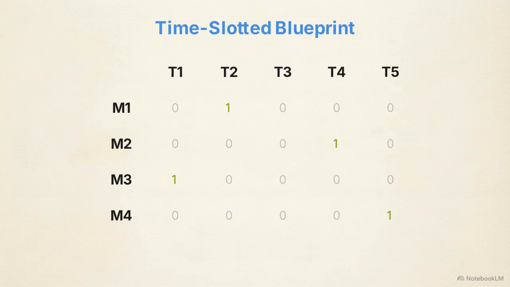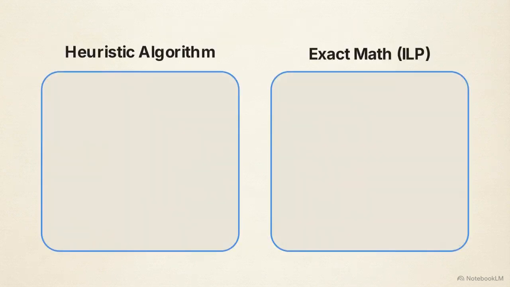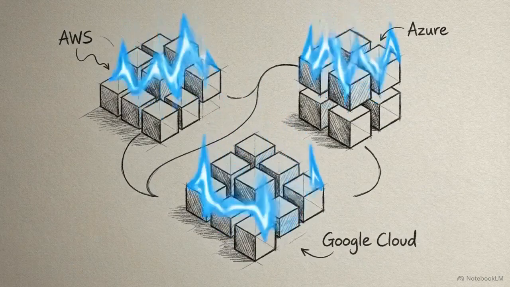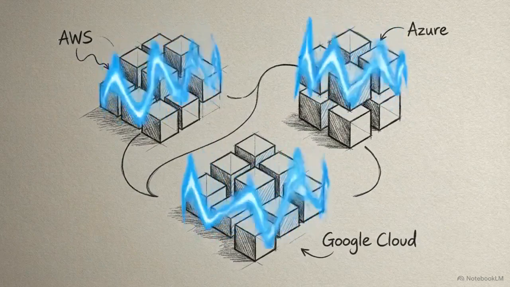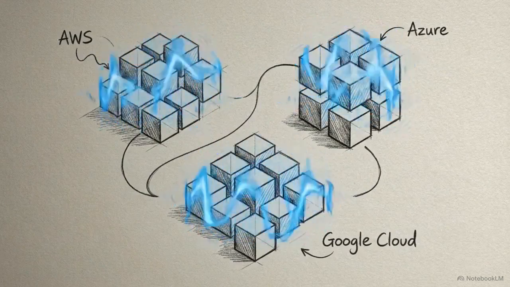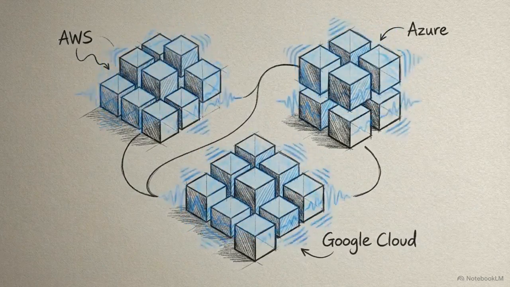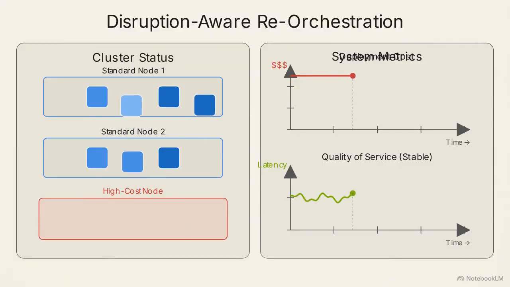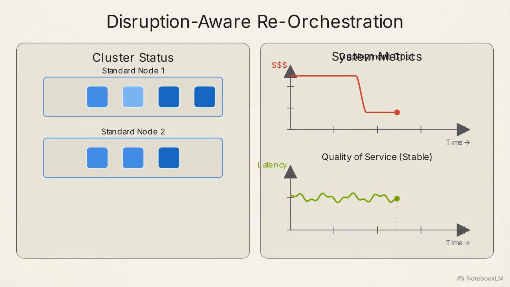A heuristic algorithm is a practical problem-solving method designed to find a fast, approximate solution when an exact mathematical calculation would take too long. The orchestrator then commands a perfectly timed cascade of rolling updates across AWS, Azure, and Google Cloud nodes simultaneously. High-cost virtual nodes are seamlessly drained and terminated. Deployment costs fall, and performance metrics remain completely stable.